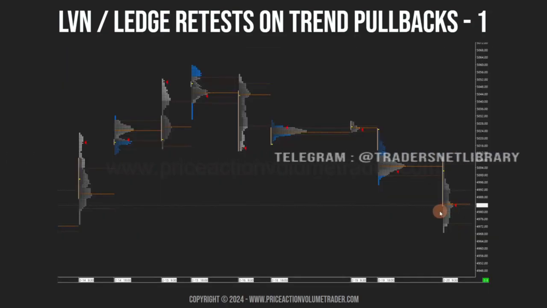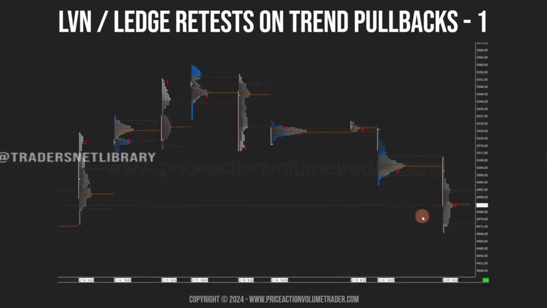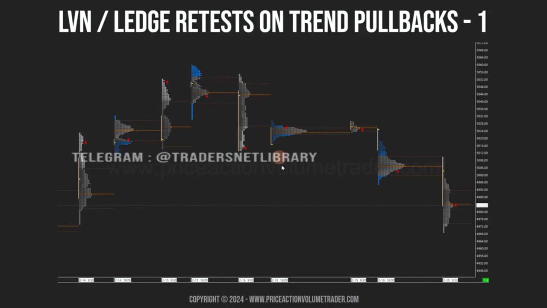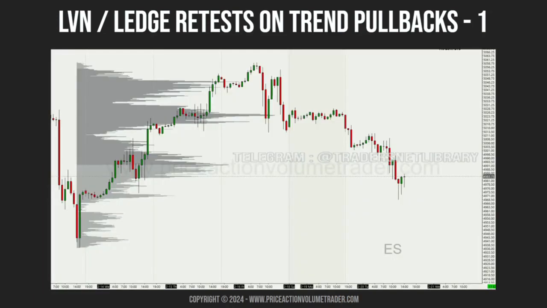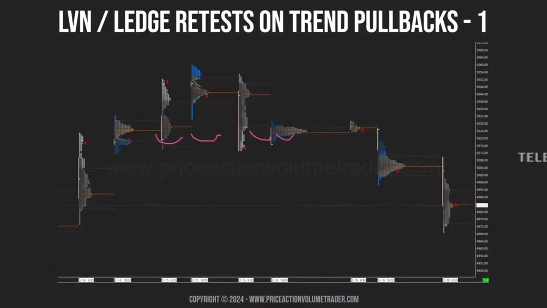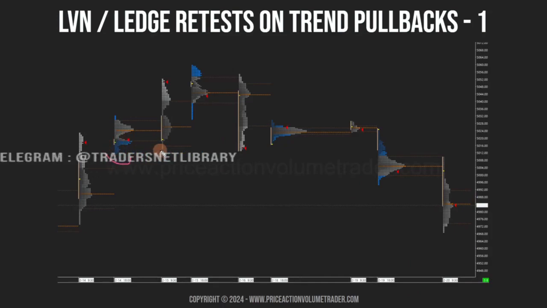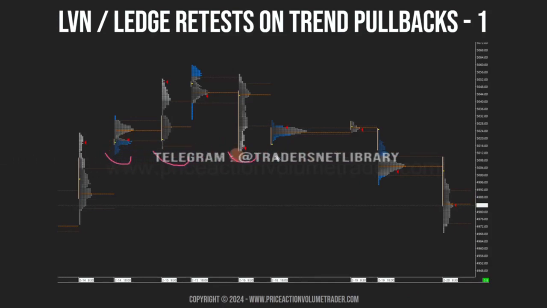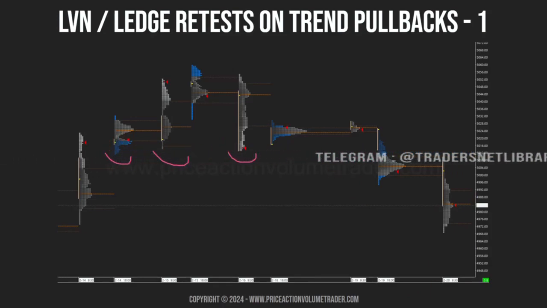If we look at this from a market profile perspective, this is what we will be looking at. You notice right here we have very clear support levels, which we can identify over here as well. We have these support levels that we are looking at on this chart.